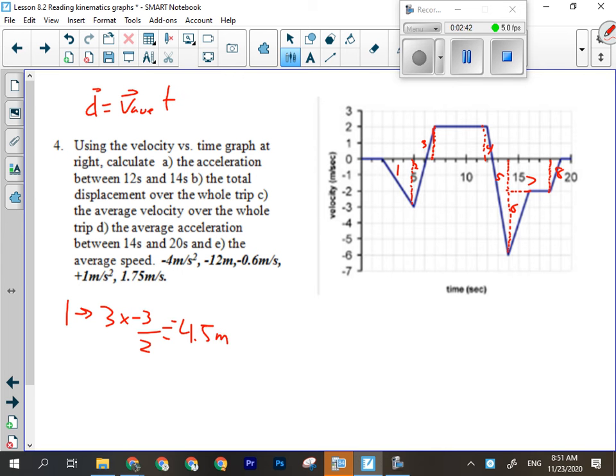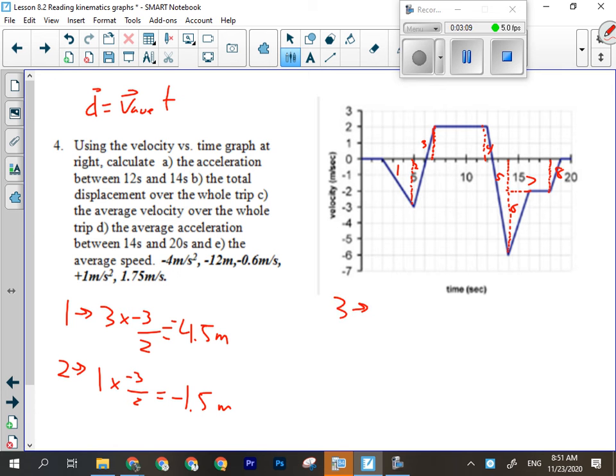For area number 2, again a height of -3, but this time a base of 1 second. So we have 1 second times -3 over 2, which is going to be -1.5 meters. And then for area number 3, we have a height of 2 and a base of 1.